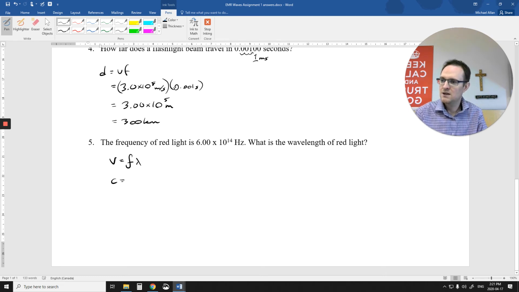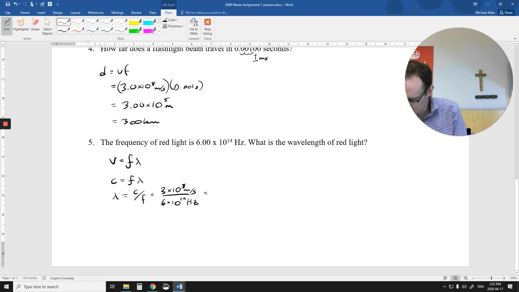And if I'm just going to say it's traveling through air, we're going to make that assumption, this is just going to be the speed of light. Then I'm going to rearrange this for wavelength. So 3 times 10 to the 8 meters per second, divided by my 6 times 10 to the 14 hertz. That's per second as well, so they're going to cancel out the per seconds.